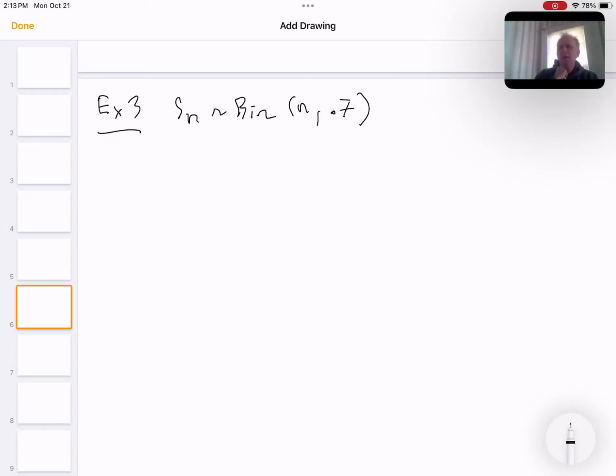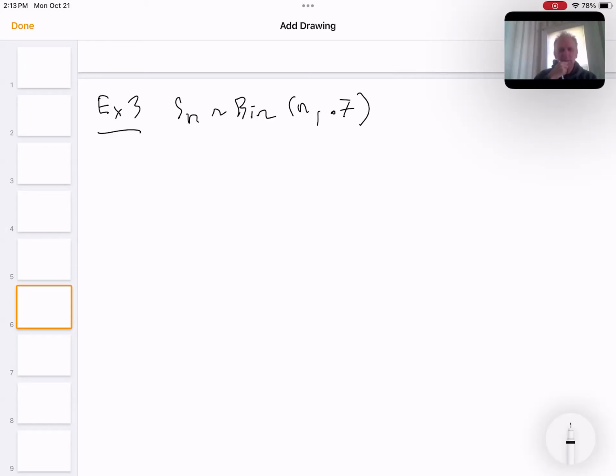So I can now make up a question like, how big should n be? The probability Sn is greater than something is at least something, right? Because I know at a certain point, it's going to be unlikely for Sn to be too small in terms of n. It's going to approach 0.7n, right? So how big should n be?